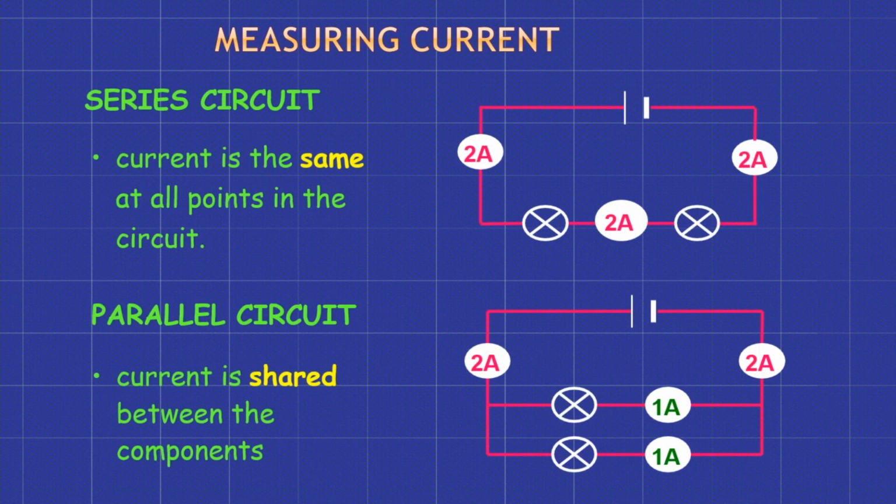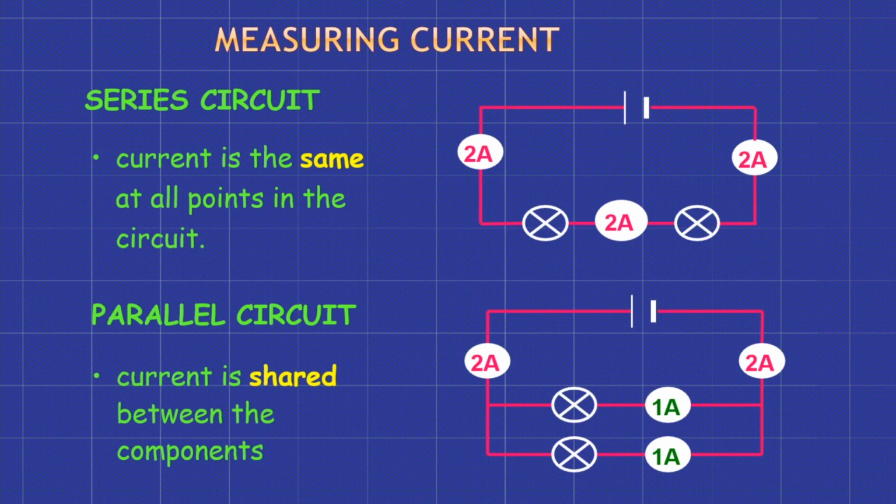And here we can see the same thing in a practical way: in a series circuit, current is the same, say 2 amperes, at all the points in the circuit. While in a parallel circuit, you can see that current is shared between the components.